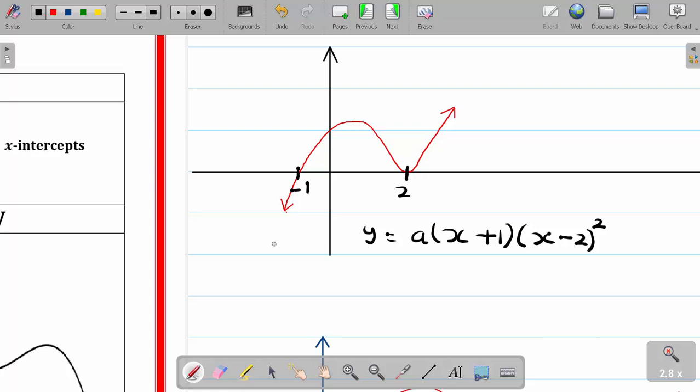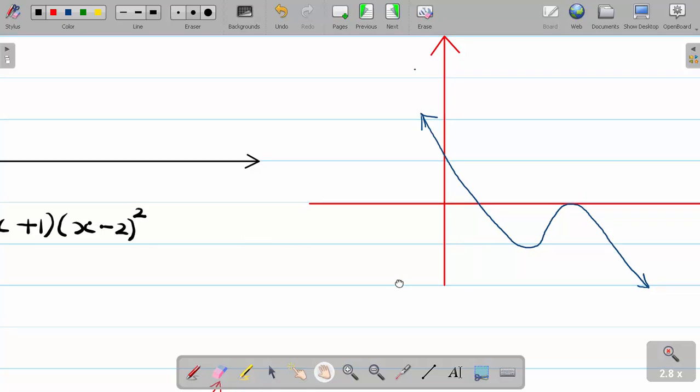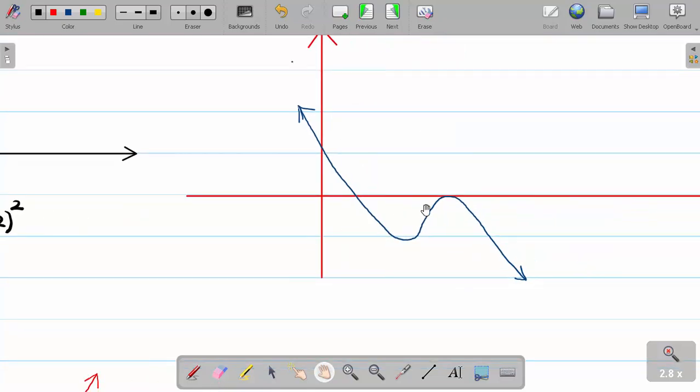Or it could be like this one here. Again, as you can see, it is turning at this point.